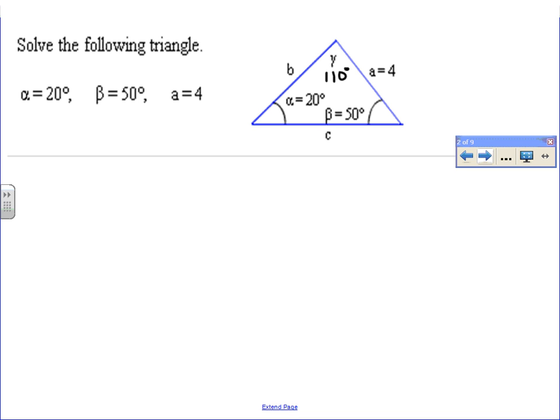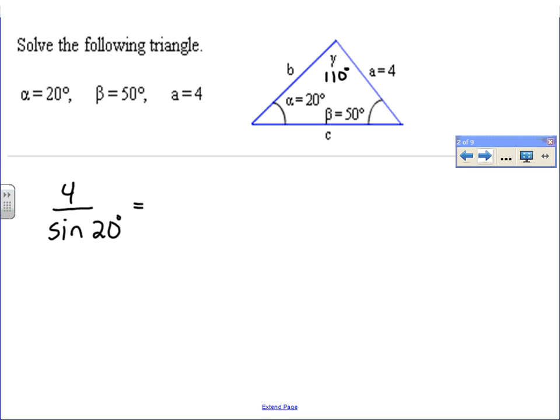You notice you have little a and you have alpha, the side and the angle across from it. So we're going to do a over the sine of alpha. That would be 4 over the sine of 20.